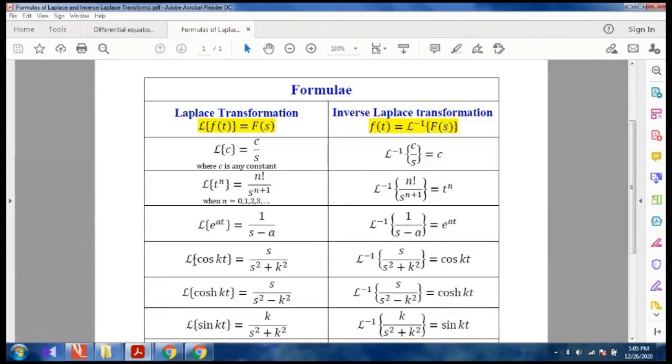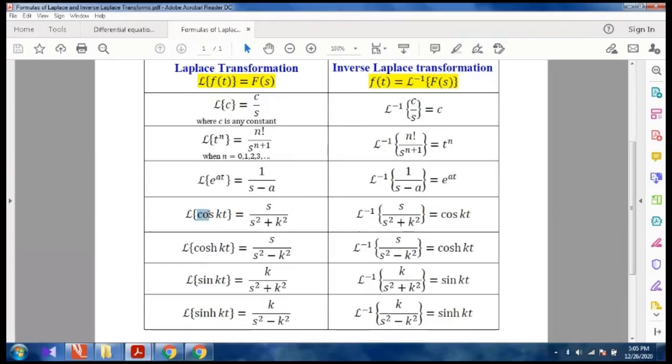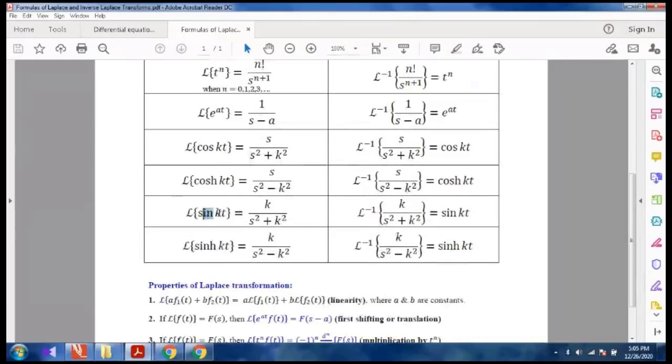S variable, like that. Laplace transformation of cosine kt is actually s over s squared plus k squared. Laplace transformation of sine kt is k over s squared plus k squared. You can see I have also mentioned here the hyperbolic cosine part and hyperbolic sine part.